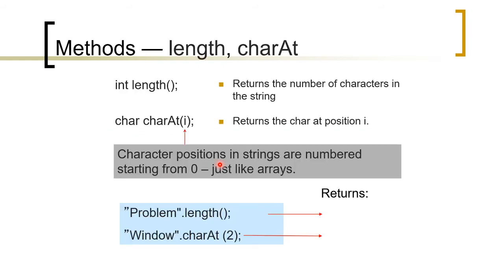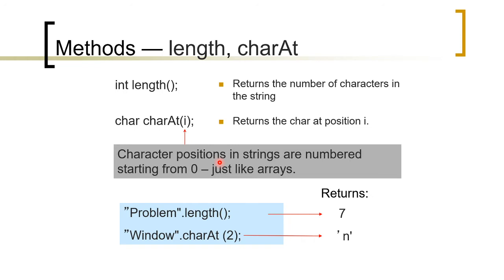So we'll be discussing now the methods. First is the length. The length will return how many characters are in the string, and then the charAt, which we have discussed earlier, will return the character at the specified index. Okay, so always remember, as I mentioned earlier, the index of the characters in the string always starts with 0.